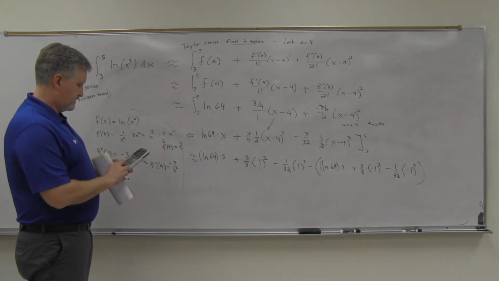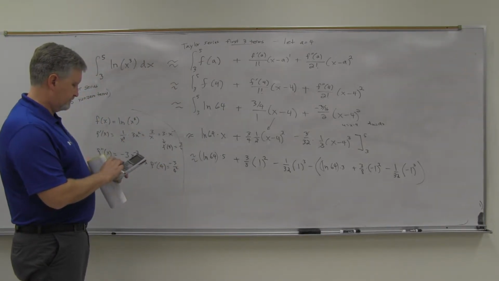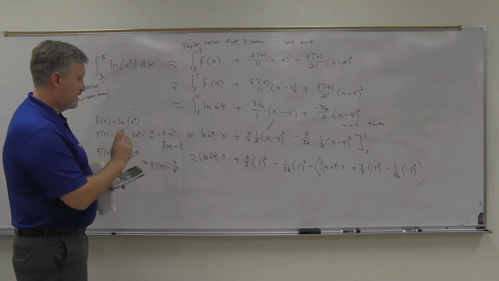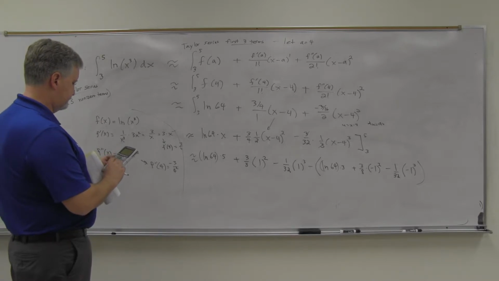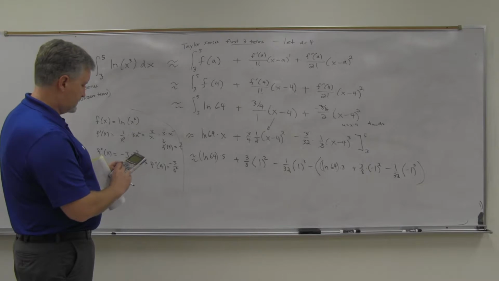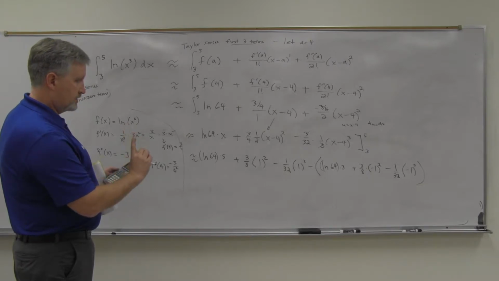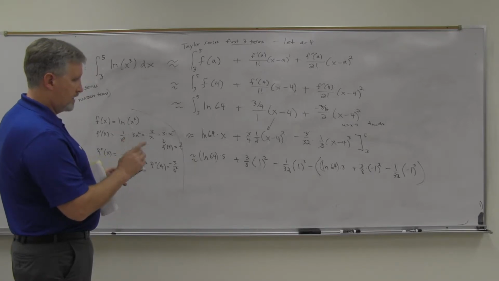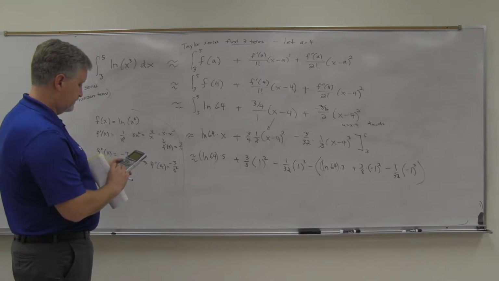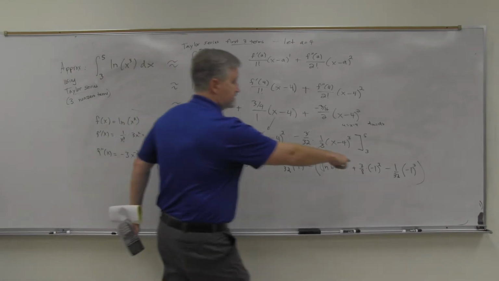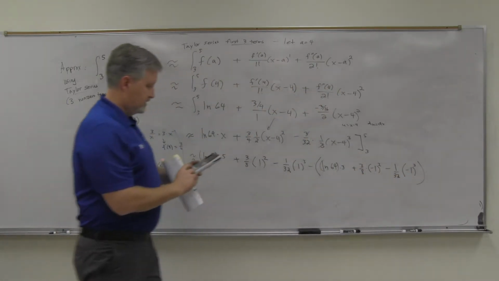All right, so ln of 64 times 5, plus 3/8, minus 1/32, minus ln of 64 times 3, plus 3/8 again in parentheses, and minus, that would be a minus times a minus, so it would be plus 1/3 inside the parentheses.